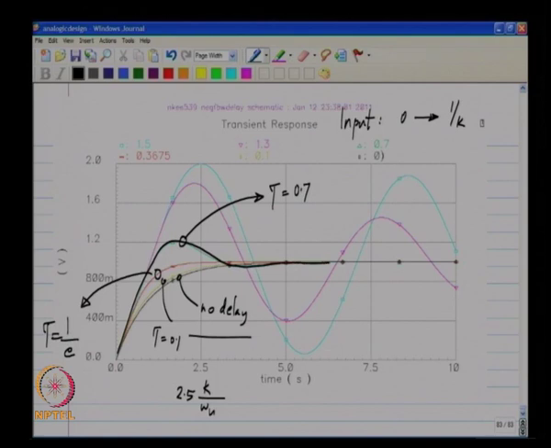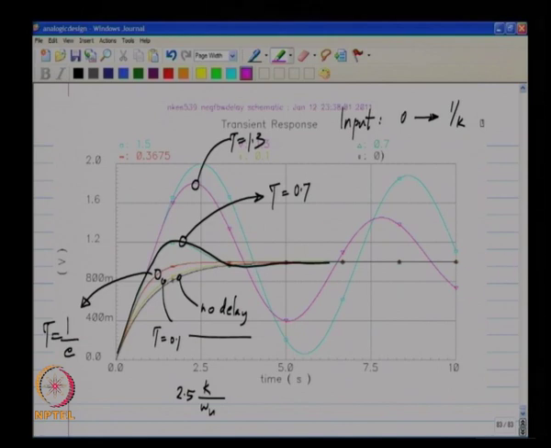This is not going back and forth too many times, so this may still be acceptable, but if you look at the next case, this one for which tau is 1.3, then you can see that it is going up and then coming down and going up and coming down, and at 10 time constants the output is nowhere near settled, it will go up and down many times.